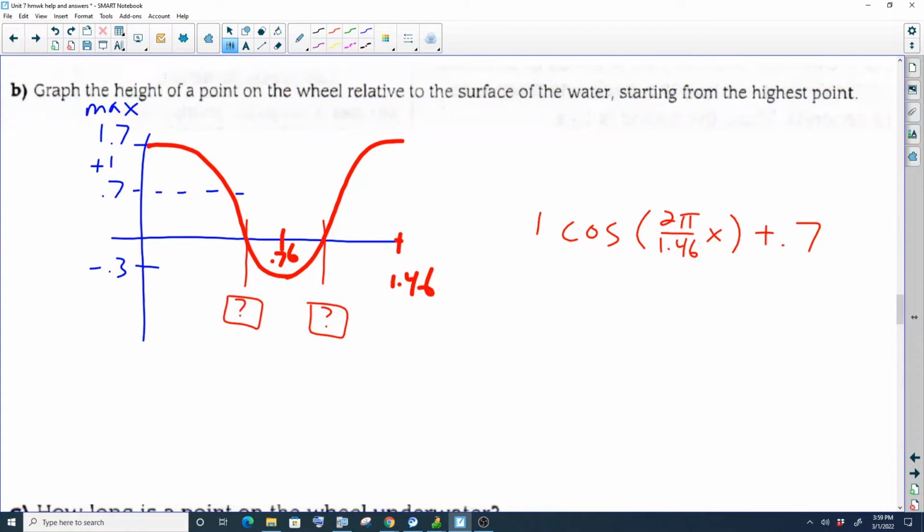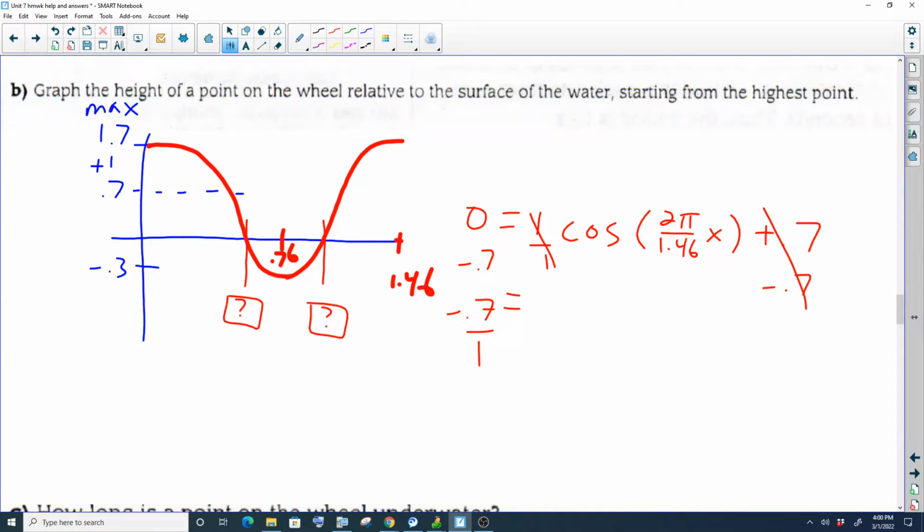You set that equal to 0 and solve. So you'd subtract the 0.7 to the other side, so we get negative 0.7 over here. Then you divide by 1, which is still 0.7.